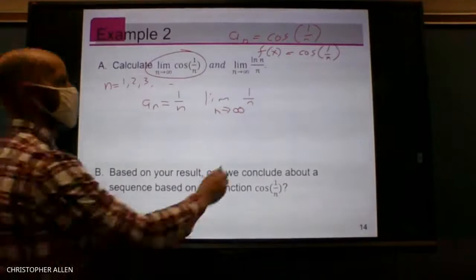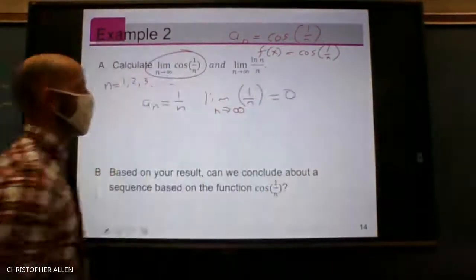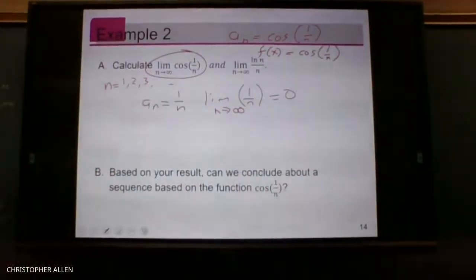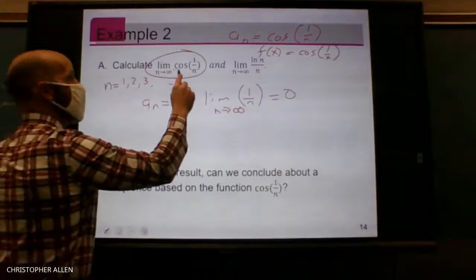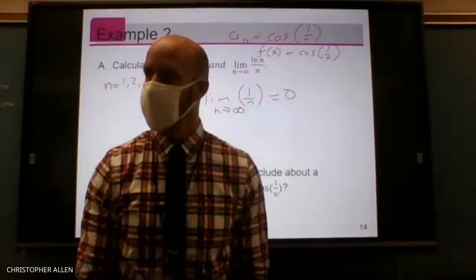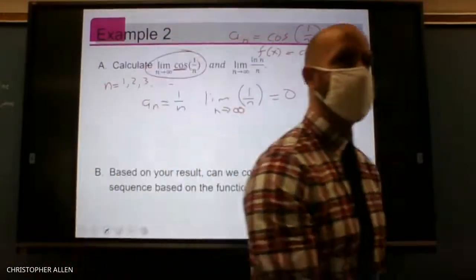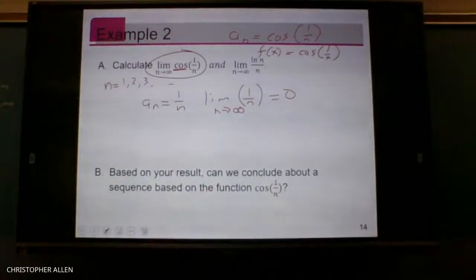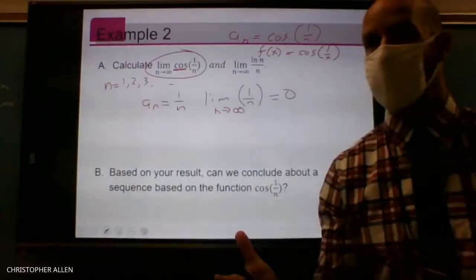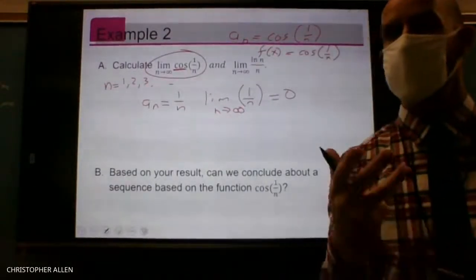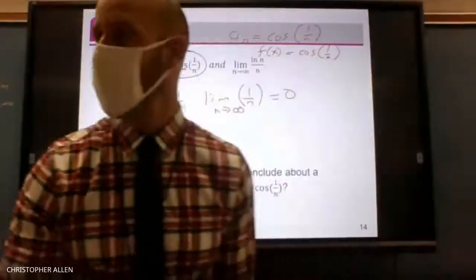It's 0, right? Would you guys agree that the limit of a sub n, if a sub n is 1 over n, is 0? Question: is cosine continuous at 0? Yeah, cosine's continuous everywhere. Would you guys agree with that?